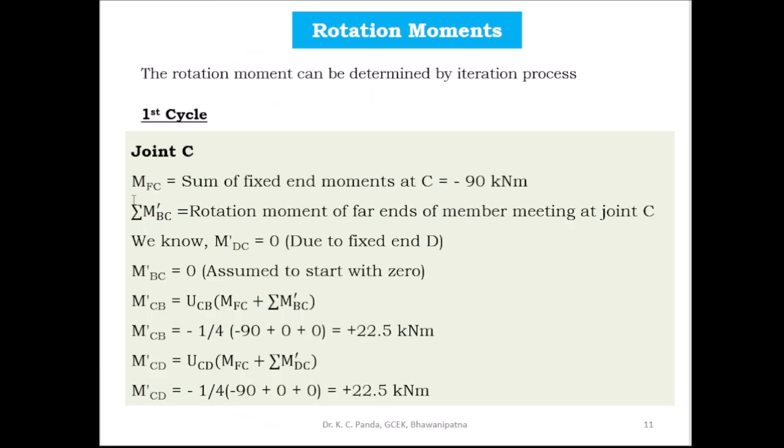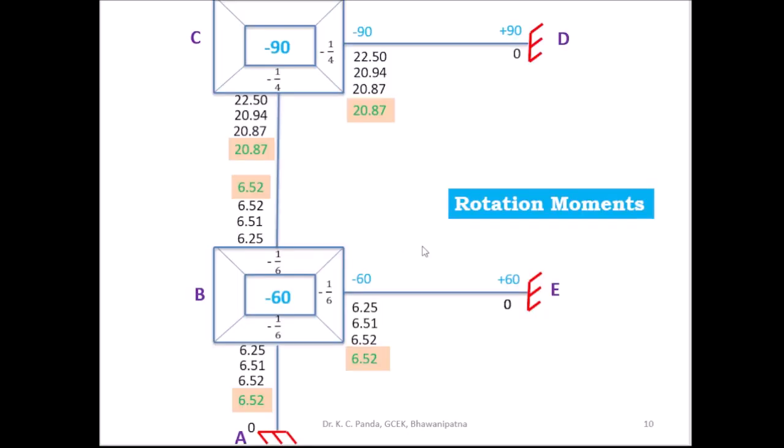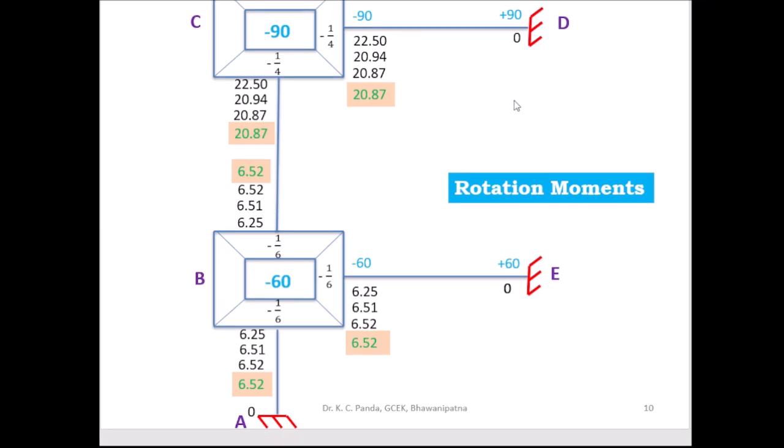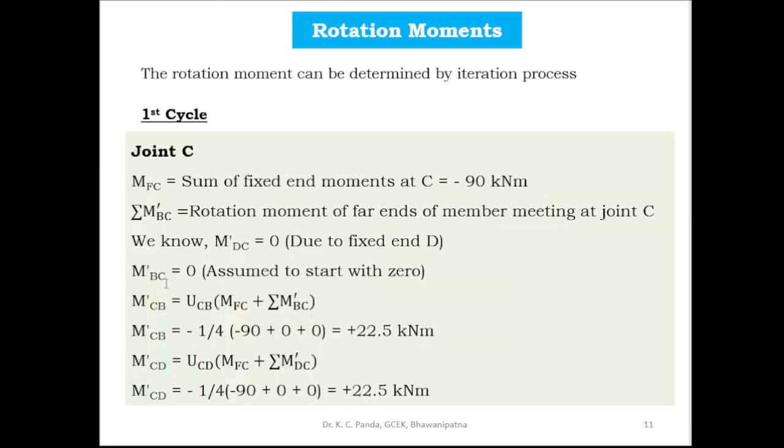First you go to joint C. MFC, the sum of fixed end moments at C, is equal to minus 90 kilonewton meter. Then the summation of M-BC is the rotation moment of the far ends of members meeting at joint C. We know M-DC is equal to 0 due to fixed end D, and in the first cycle M-BC is assumed 0.